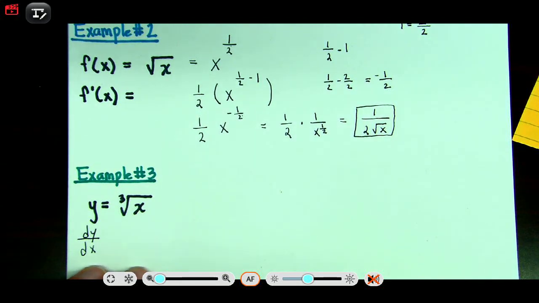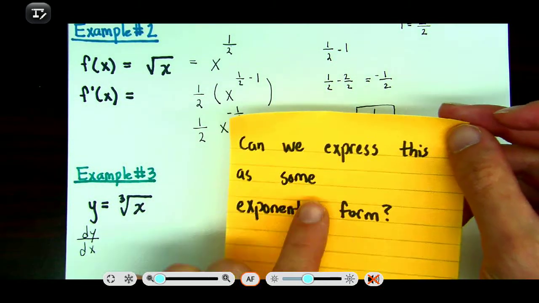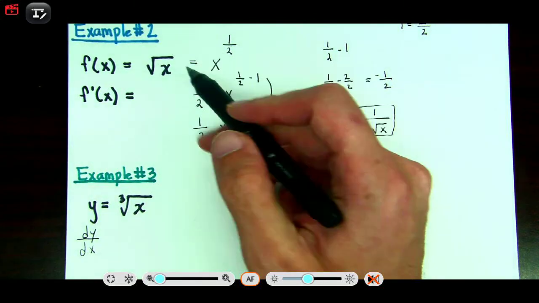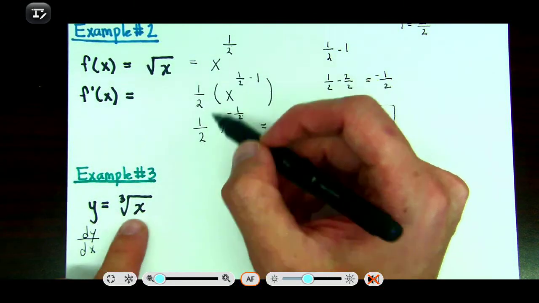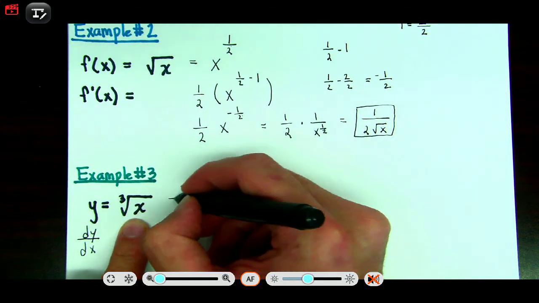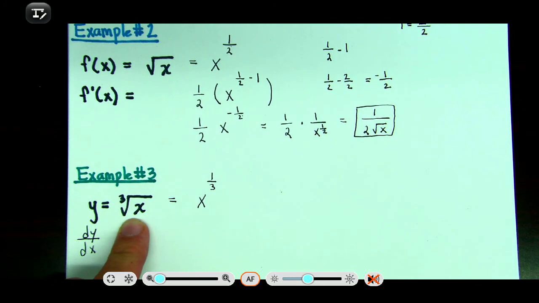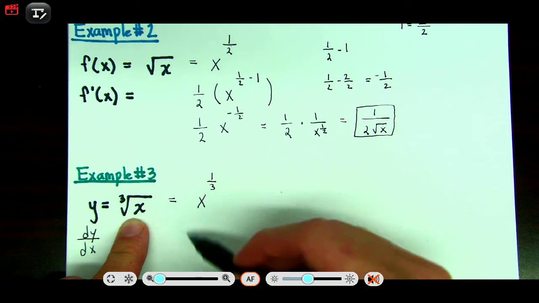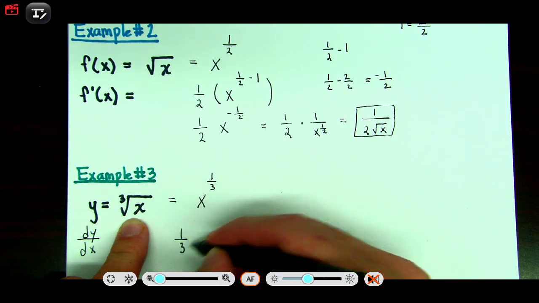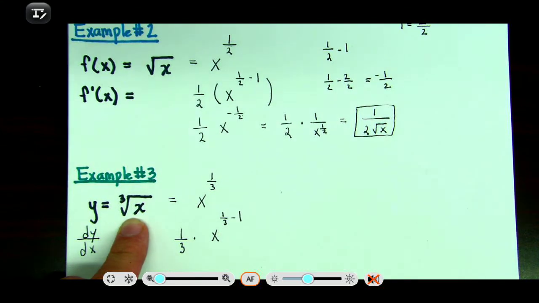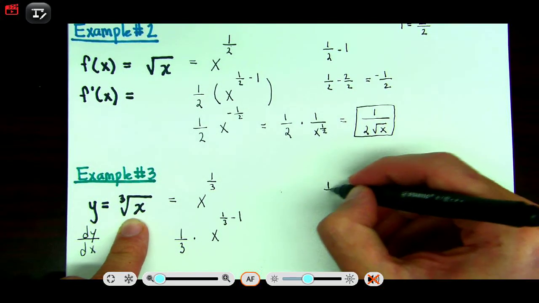Right? First, can we express this radical form into some exponential form? Notice that the square root of x was x to the 1/2. What would the cubic root of x be? It's equal to x to the 1 over 3. Okay? Then what do we do? Same, follow the power rule. 1/3 goes here, so it's 1/3 times x to the 1/3 minus 1. But what is 1/3 minus 1?